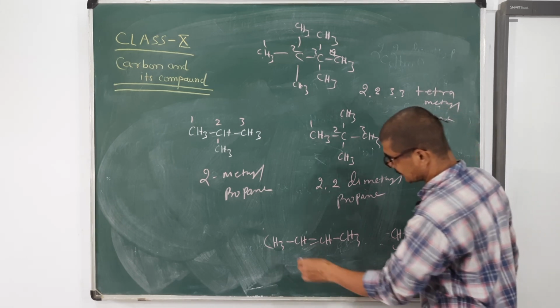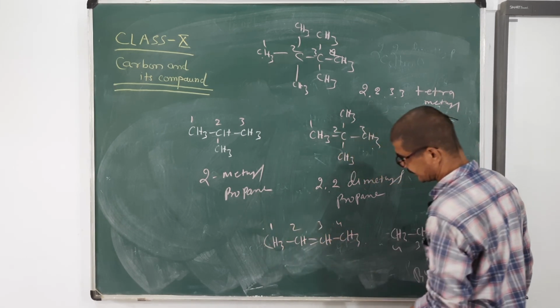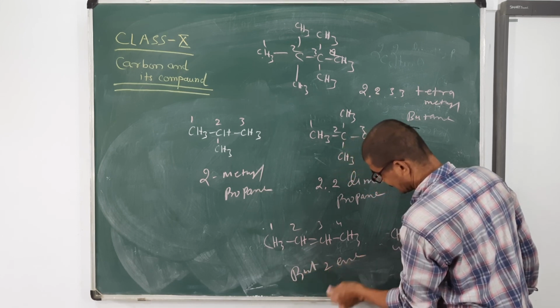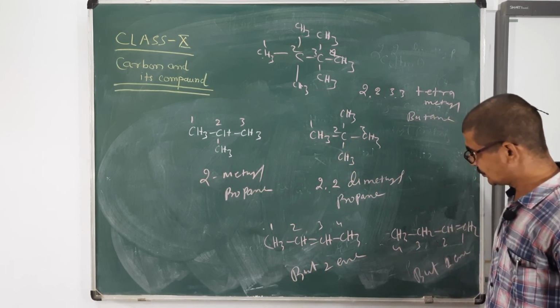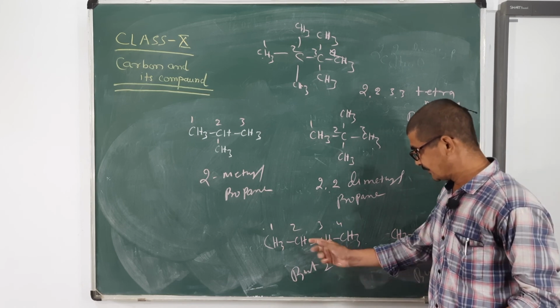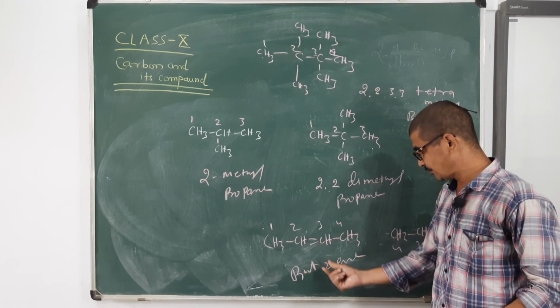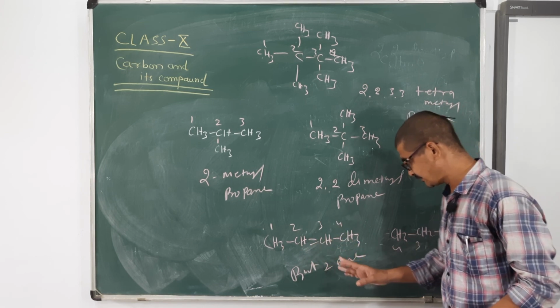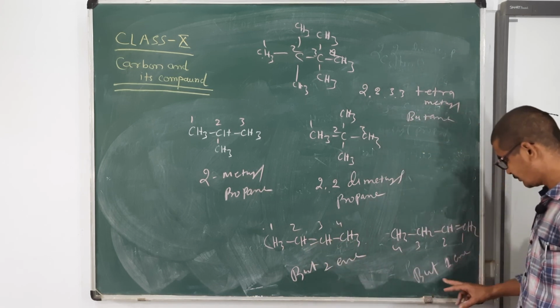Now 1, 2, 3, 4. In this case, we can say but-2-ene. You can't say 2-butene because this is the modern process, because we mention the double bond position. Double bond is called ene. So but-2-ene, the other is also but-1-ene.